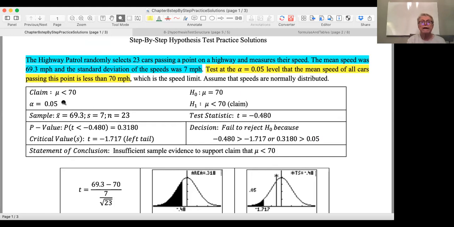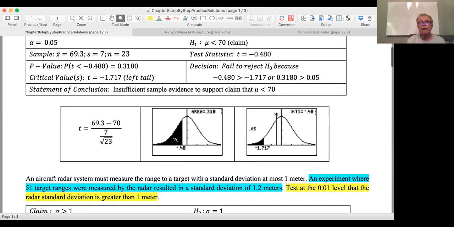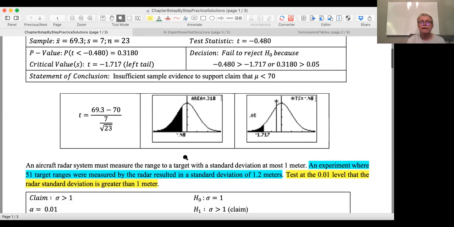Alpha is 0.05, and we'll make the decision in the next video, comparing the p-value to alpha to decide whether we reject. Okay, that's the first one.